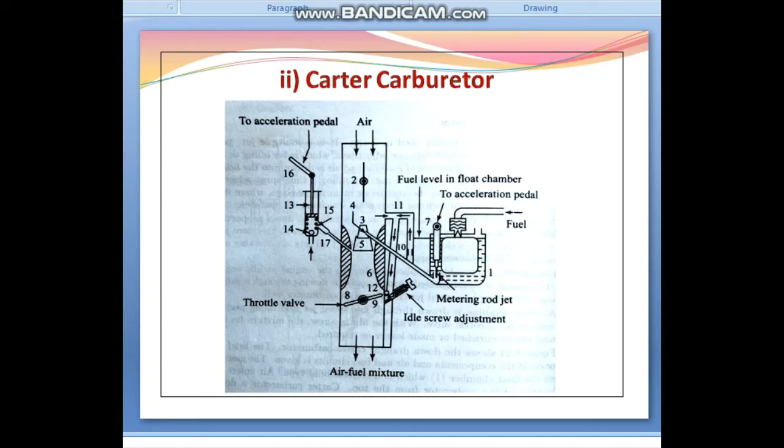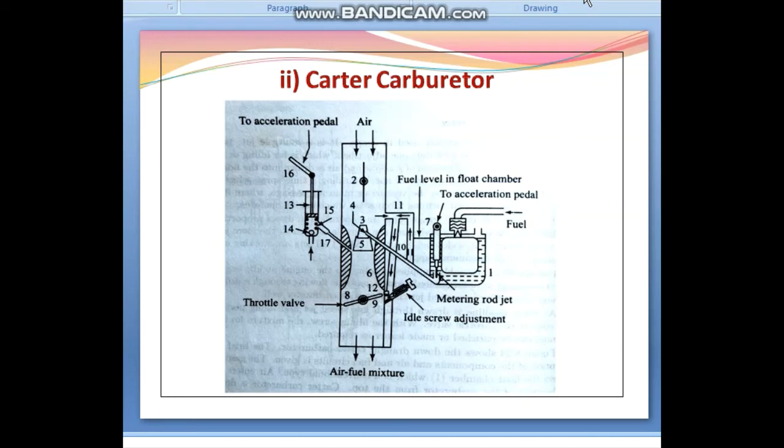Releasing the accelerator pedal takes the plunger back by the spring force and in the process sucks gasoline from the float chamber through the non-returning valve, that is number 14. The gasoline is delivered through jet 17, via the check outlet valve, that is 15.